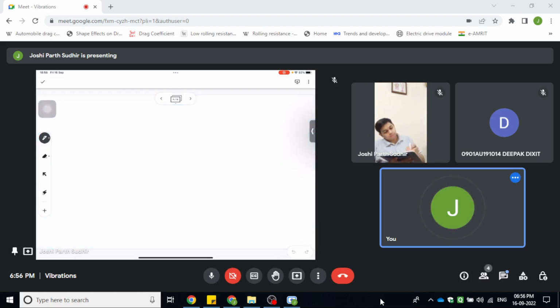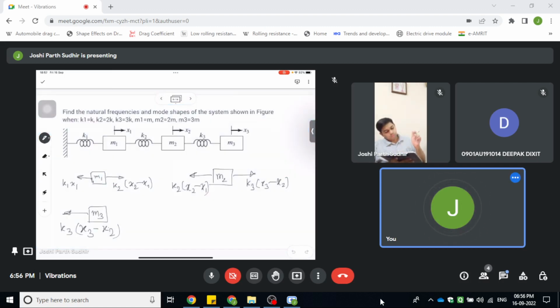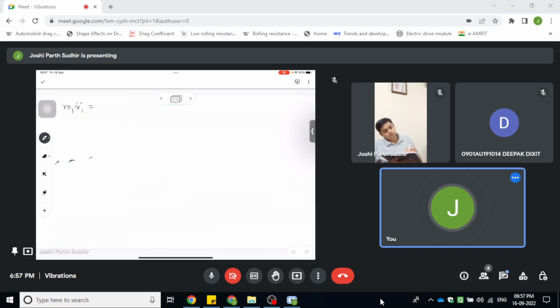So we have m1 x1 double dot will be equal to minus k1 x1 plus k2 x2 minus x1.